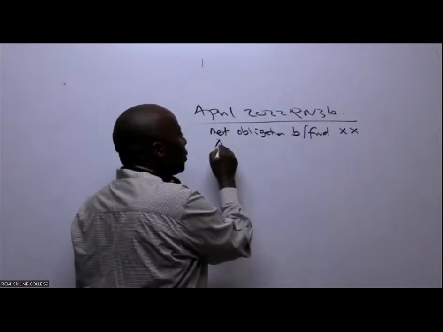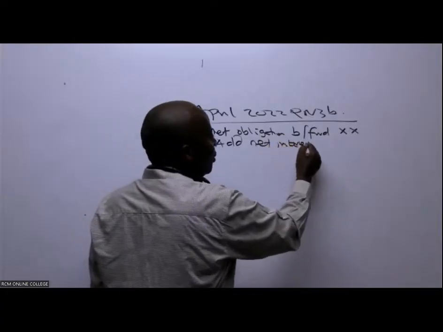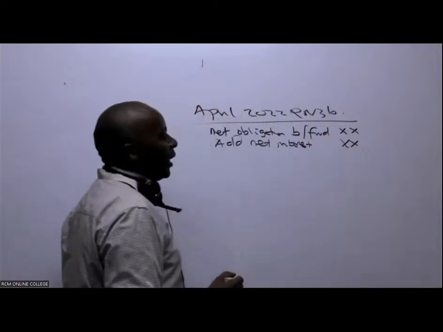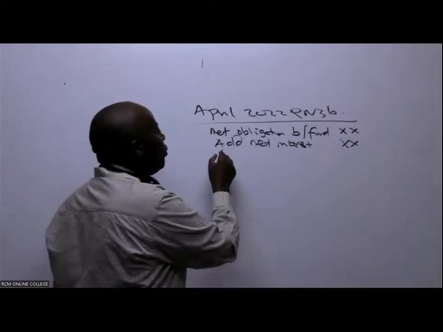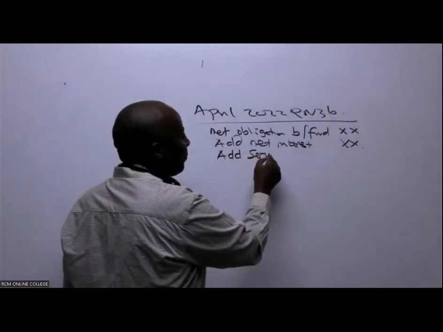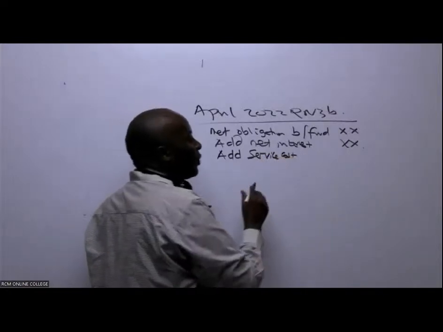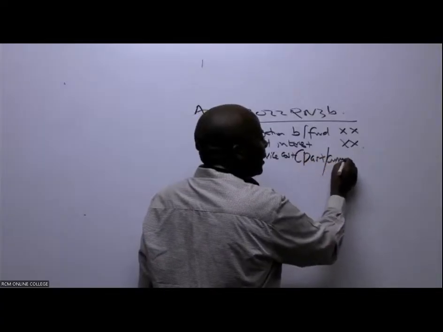So you add interest. You add net interest on this obligation. And then, ladies and gentlemen, remember, you must add any service cost. Service cost will always be added. When we talk of service cost, we are looking at the current service cost.